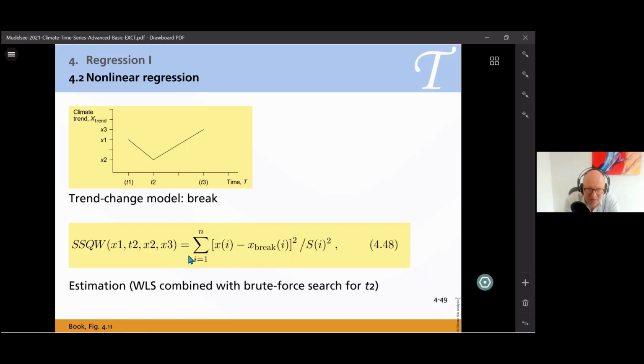Then we get 3 equations we can solve. The only thing we have to know is T2. And T2, as before with the ramp, we estimate in a brute force manner. That means we try all data points as candidate data points for the change point time. Maybe a comment here on the accuracy of the change point time estimates.